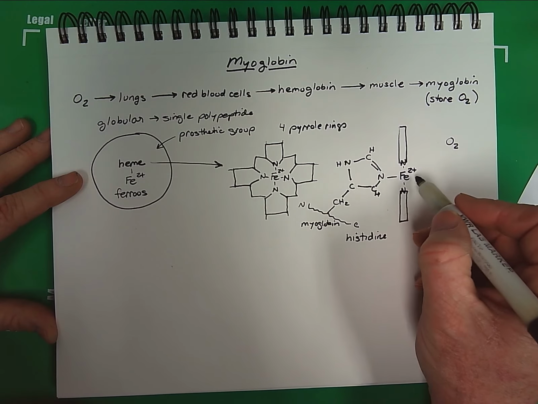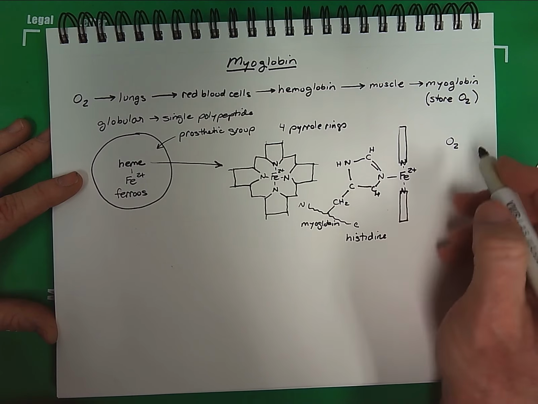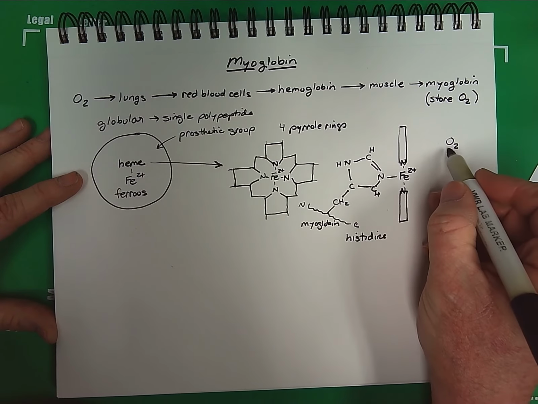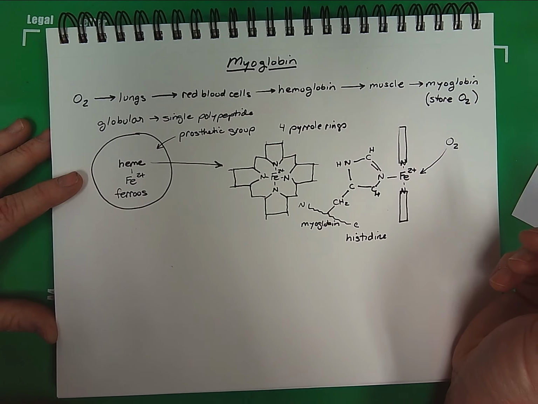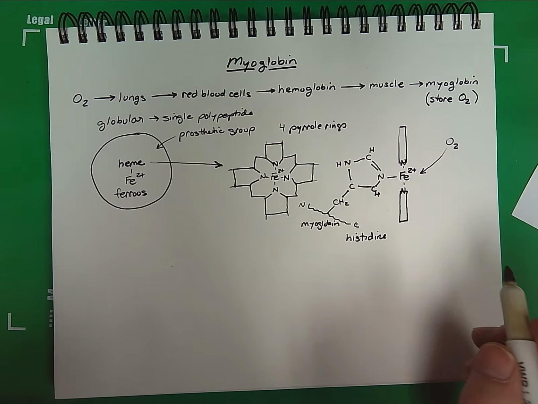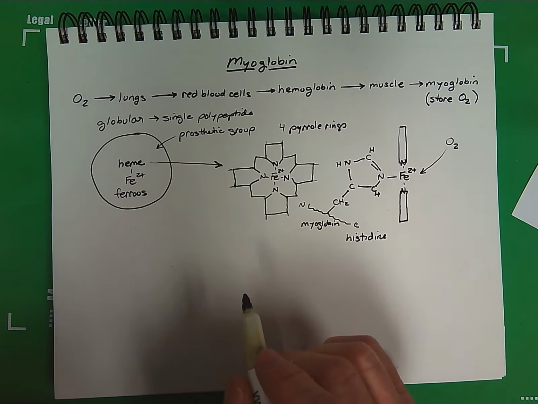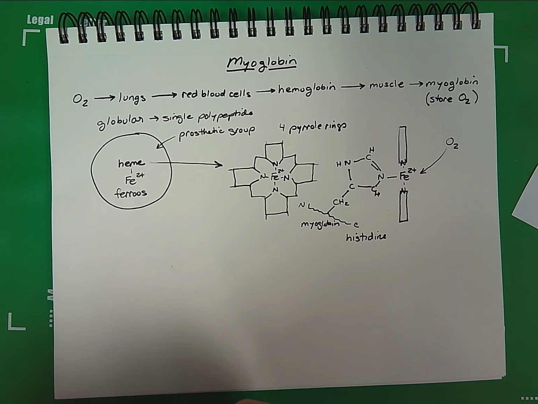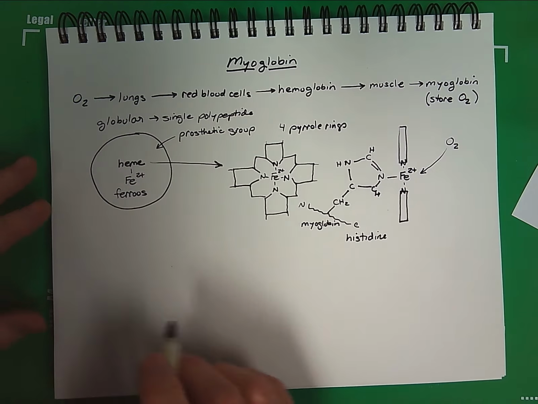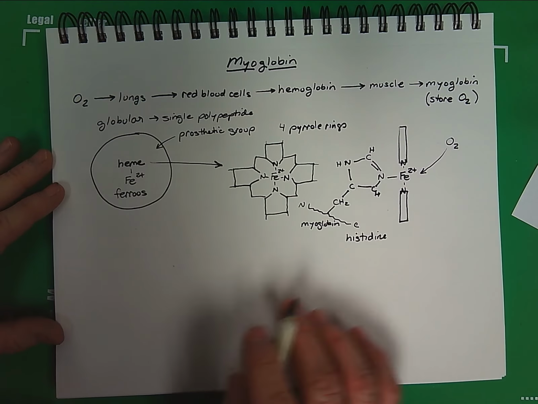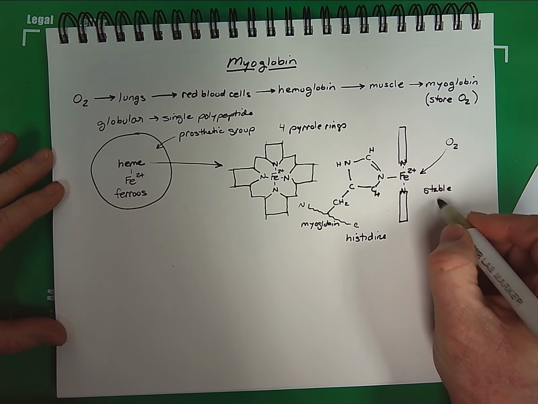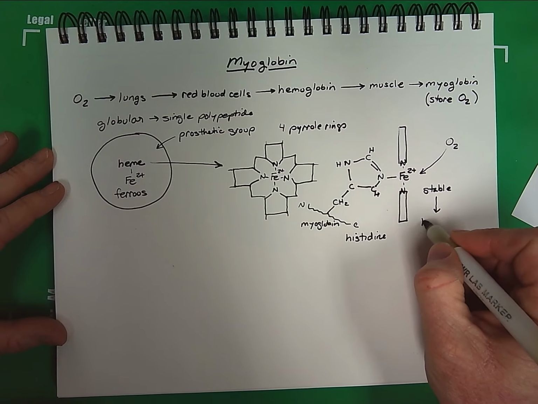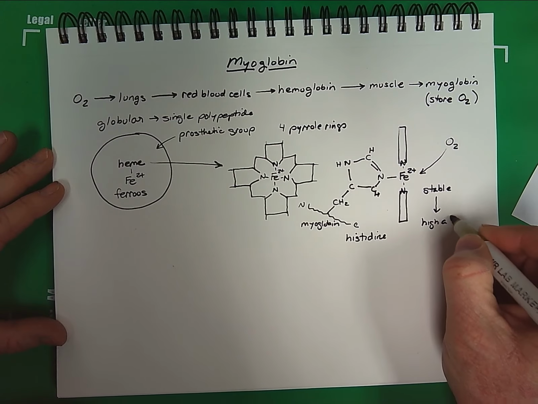And now the 6th binding site on iron can be occupied by oxygen. In this structure, the oxygen is very stable, bound to the myoglobin structure. Now the stable binding, what this really means is high affinity.